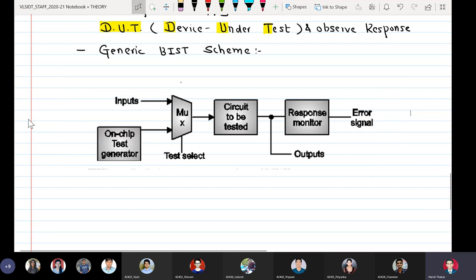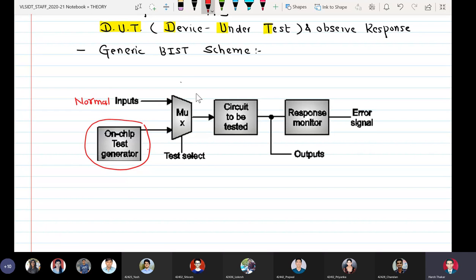So we can say that this entire thing is on chip. On chip means along with the logic, along with the microprocessor, along with the microcontroller. So we see here that we have an on chip test generator, and these are the normal inputs from the real world.